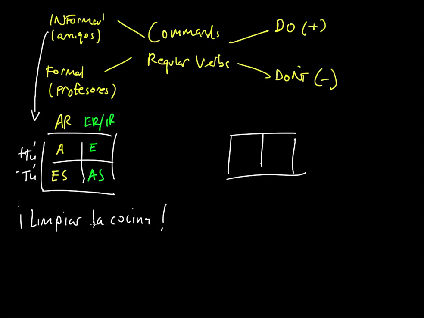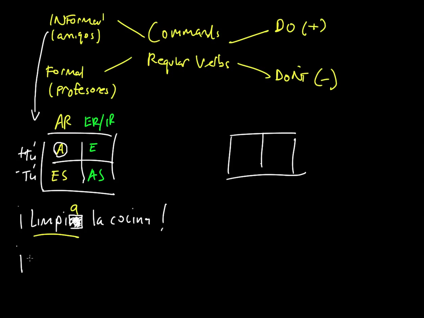Okay, so limpiar is just the infinitive, so we're going to take off this AR, and now we're going to select this A because it's a positive tú command. So now we're going to write this A here. Okay, so now our command is limpia la cocina. Okay, clean the kitchen.